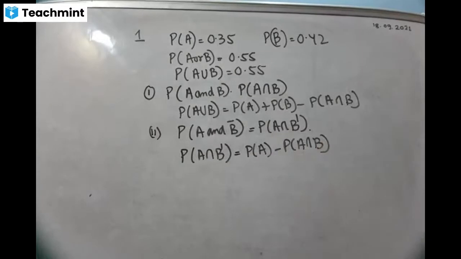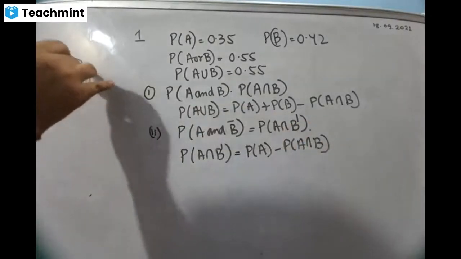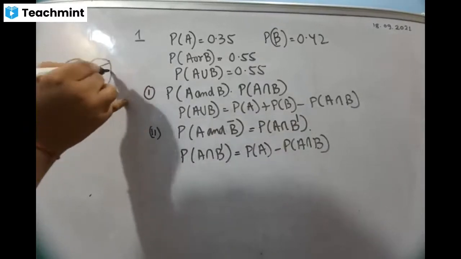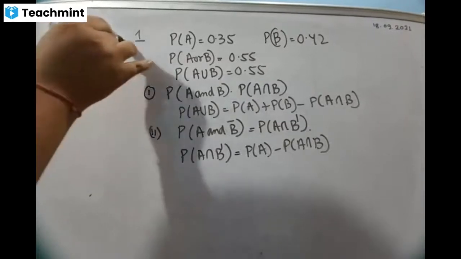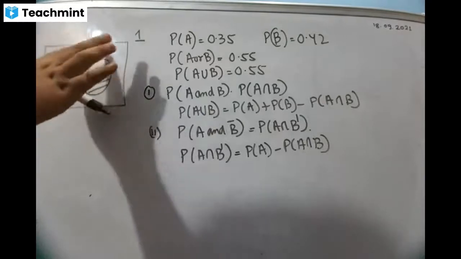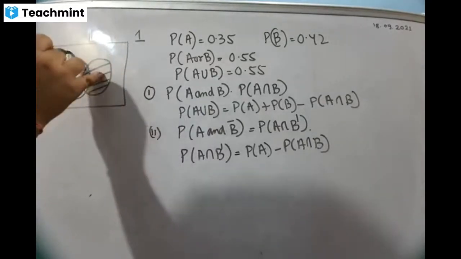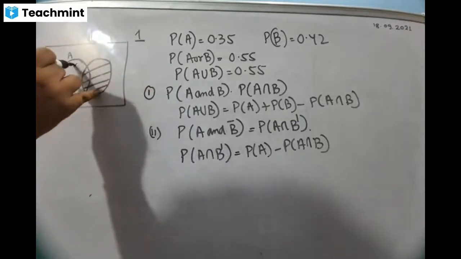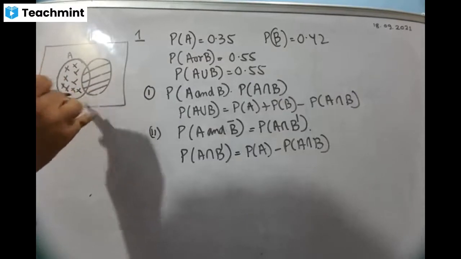Yes or no? So those who did not understand A intersection B, failure. This is your A and this is your B. This entire thing is B. So B complement means all numbers which are outside this. That means this entire thing which I have not shaded. So what is common between this particular element and the entire thing means this region is common, isn't it?